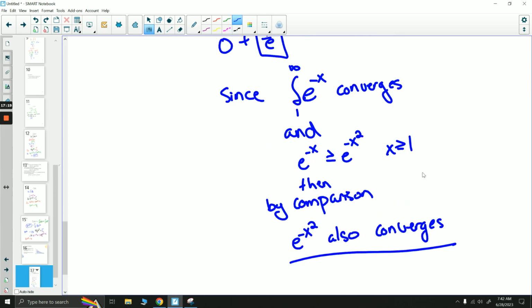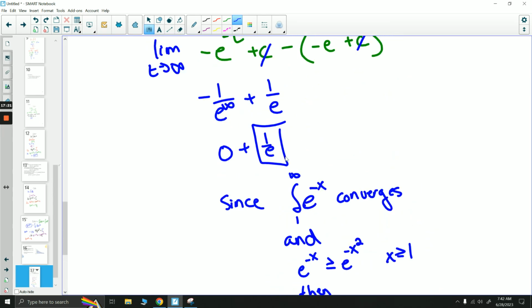So we know then that this thing must converge. We don't know what it converges to at this moment. All we know is that it converges.